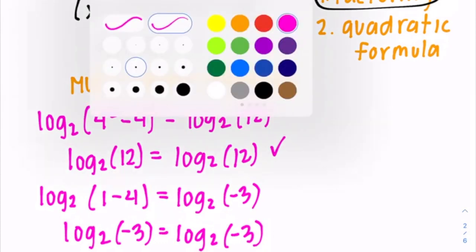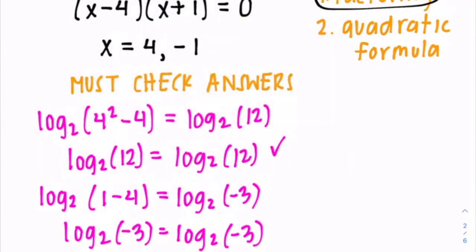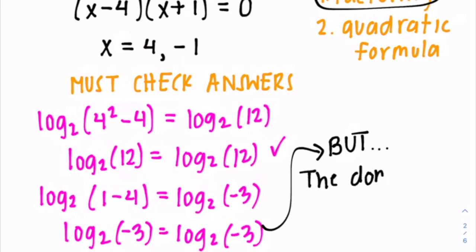Remember that your domain for the logarithmic function must be greater than 0. So because we have a negative 3 in the parentheses, that means that this answer is not valid, so x equals negative 1 is an extraneous solution.